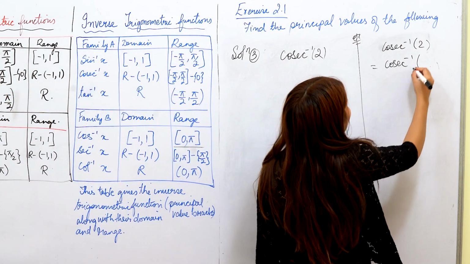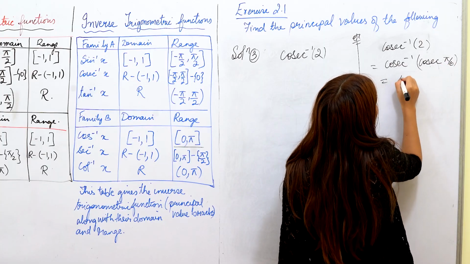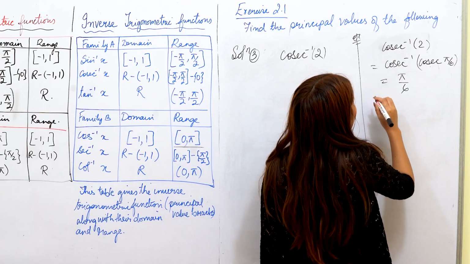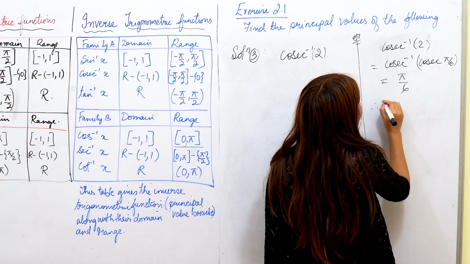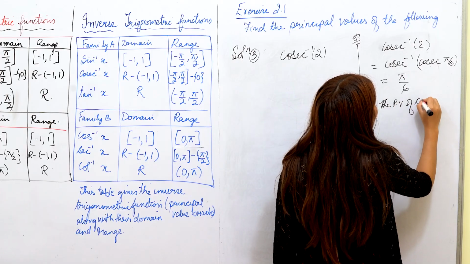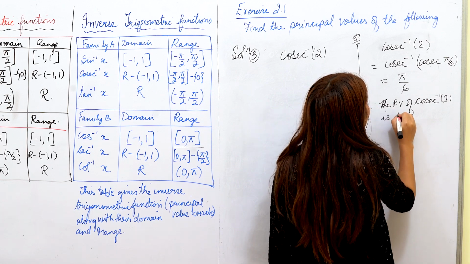Cosec of pi by 6 is 2, so the answer is pi by 6. Therefore, the principal value of cosec inverse 2 is pi by 6.